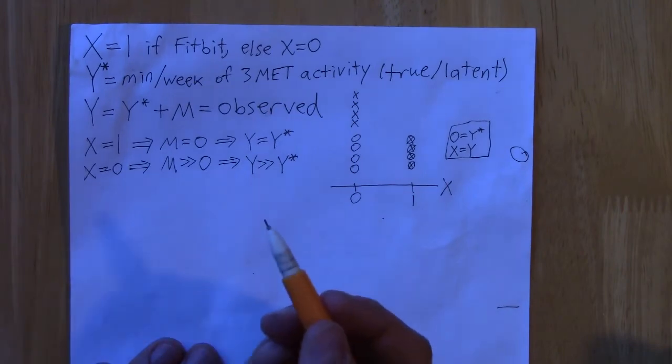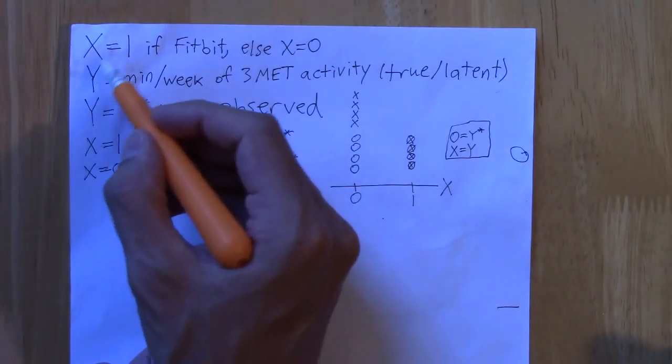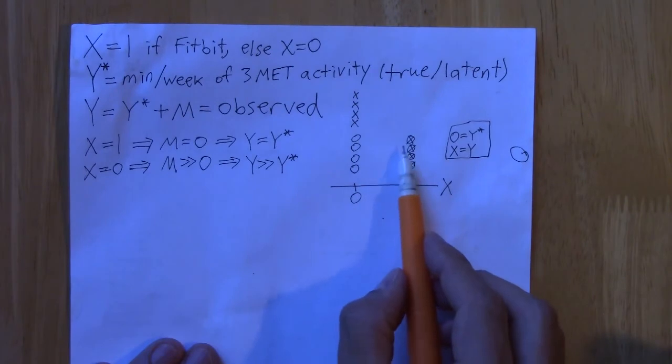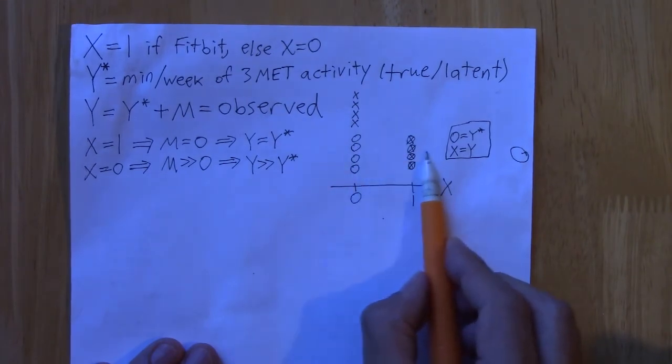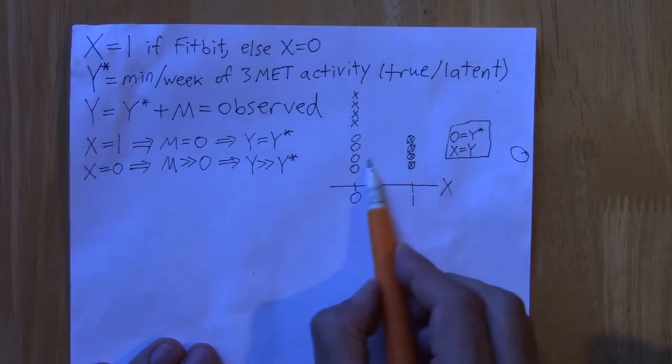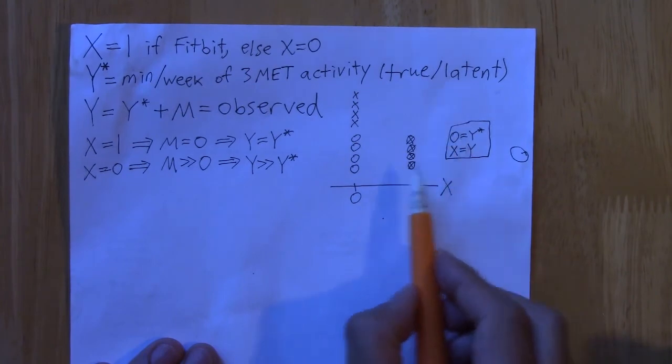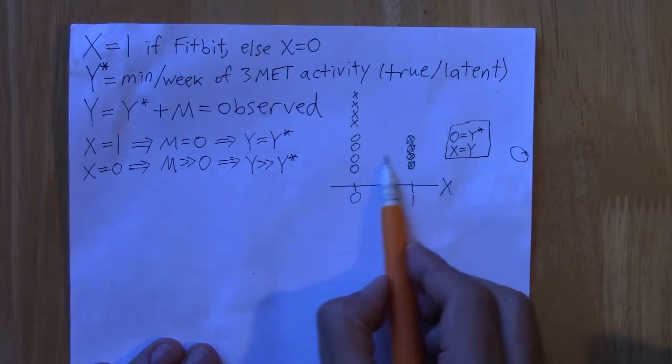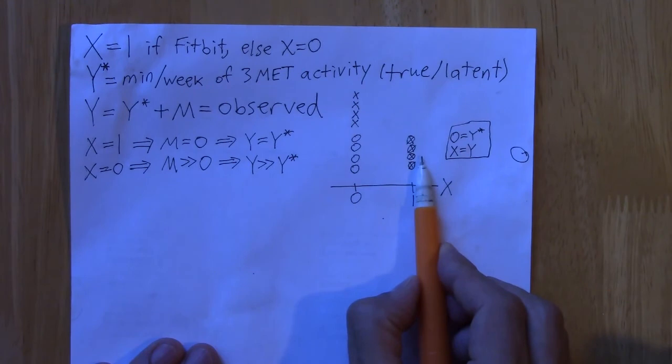So if we were able to observe the true y star, our regression slope would be about 0, because these open circle markers are all roughly the same height on average.